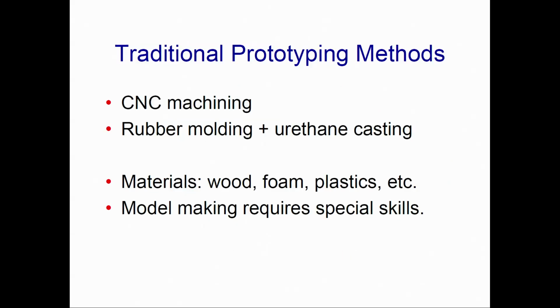In traditional prototyping, it was easiest to do CNC machining out of a solid, and the solid can be solid metal like aluminum, or it can be made out of plastics. And we also had rubber molding and urethane casting, where if you make a positive model, it is possible to convert it into a negative and then pour materials inside.